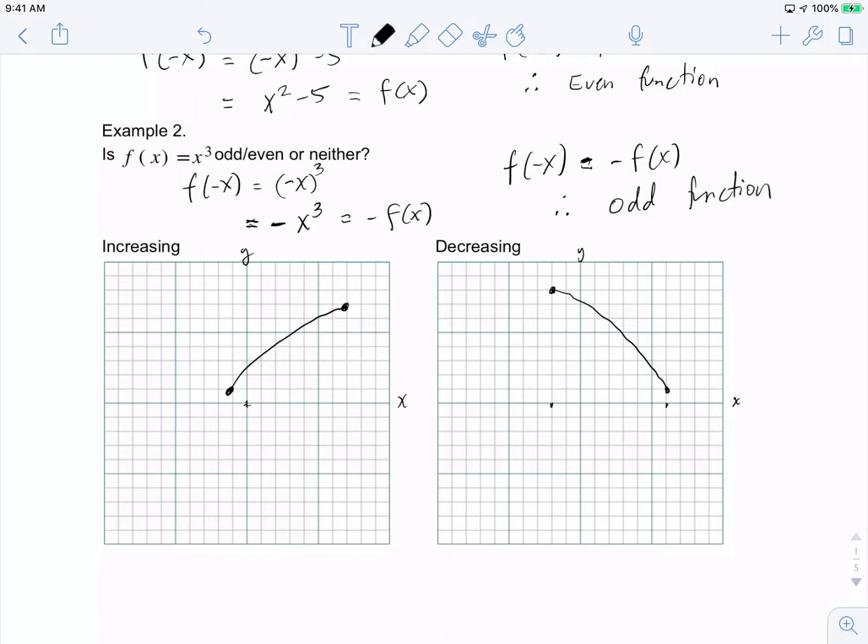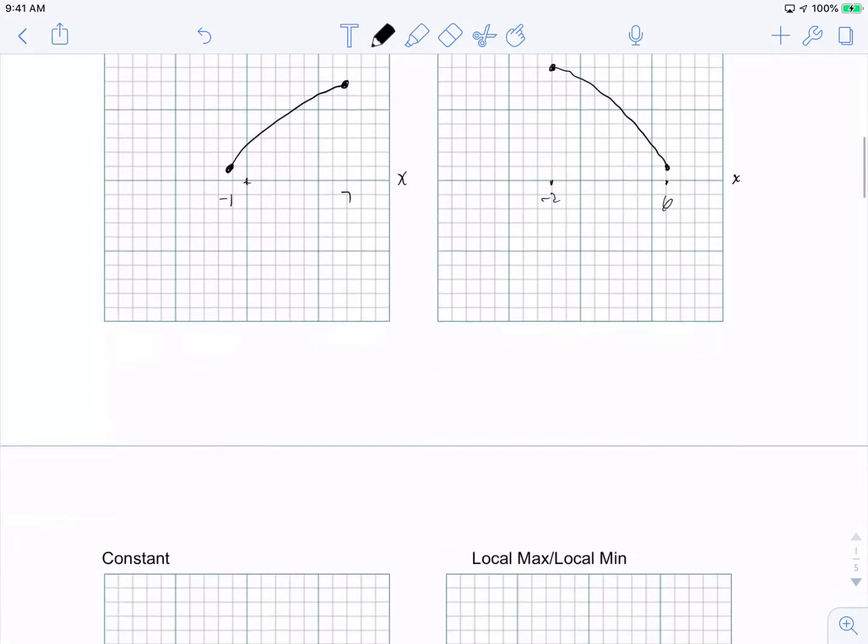In this case, it would be from -2 to 6, so we would say this function is decreasing from -2 to 6. In the increasing one, it's increasing from -1 to 7. Just so you can see the terminology and understand it.